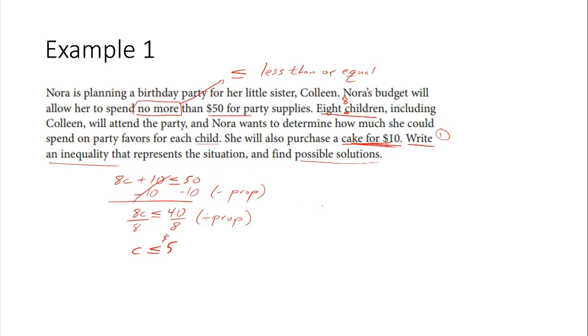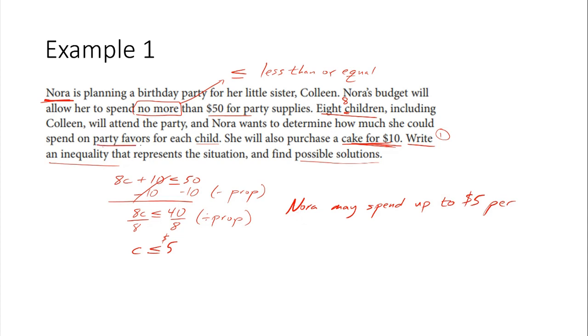So Nora is the one who's doing the planning here. Nora may spend up to $5 per, what is it called again?